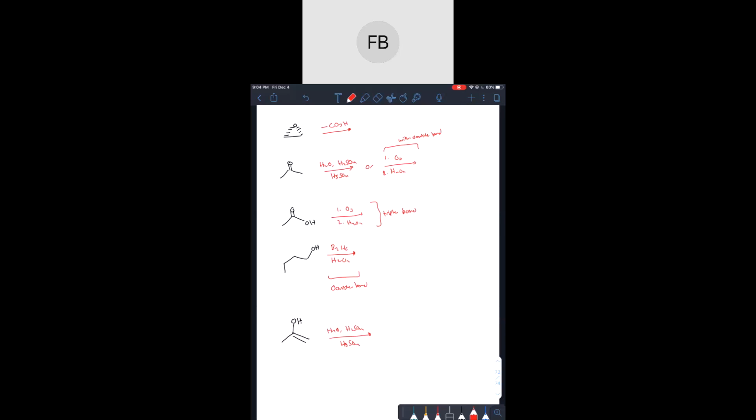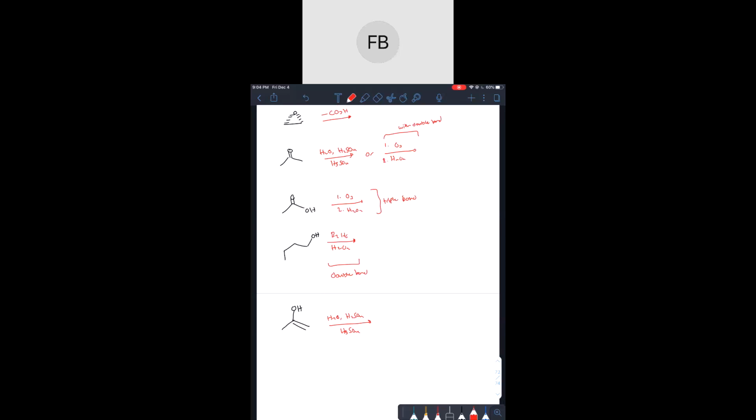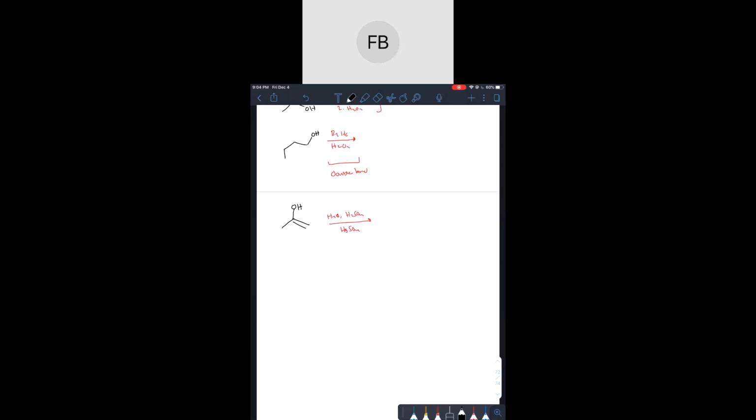Any last ideas that we should add to this list? It could be much longer. We could talk about adding carbons, taking away carbons, all kinds of stuff, but I think this is mostly it. If you see a trans double bond, then it must have been NaNH3 or LiNH3.